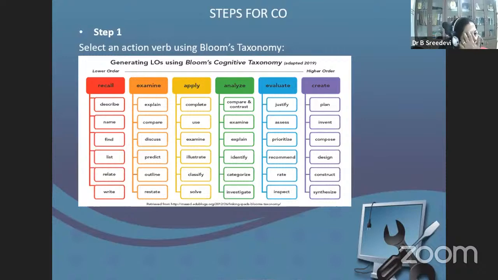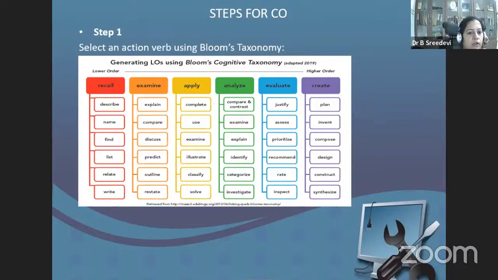With all these Bloom's taxonomy levels, we should frame our internal question papers and our syllabus. Wherever we ask any question to the students, it should follow the Bloom's taxonomy level. So for the course outcome, the first step is to choose the action verb from Bloom's taxonomy, from any level.